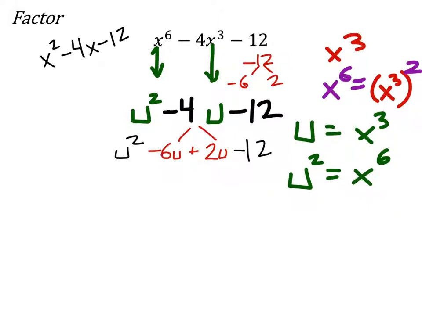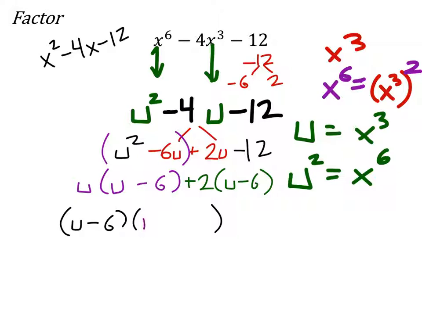Just factoring by grouping now. So from here I can factor out a u. So I've got u minus 6. And it kind of gives me a goal to look for in terms of factoring out that second set, which we're used to, hopefully by now. If I factor out a positive 2, then I've got u minus 6. And factoring out the u minus 6's, all I have left is u plus 2.